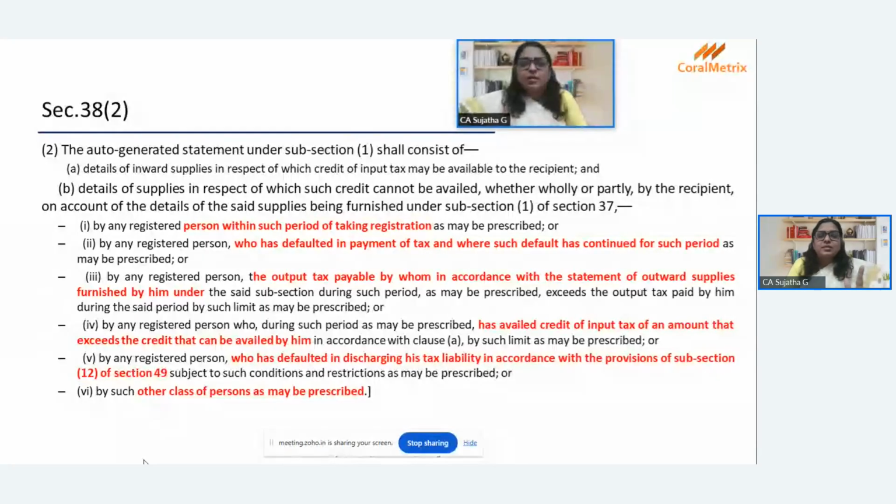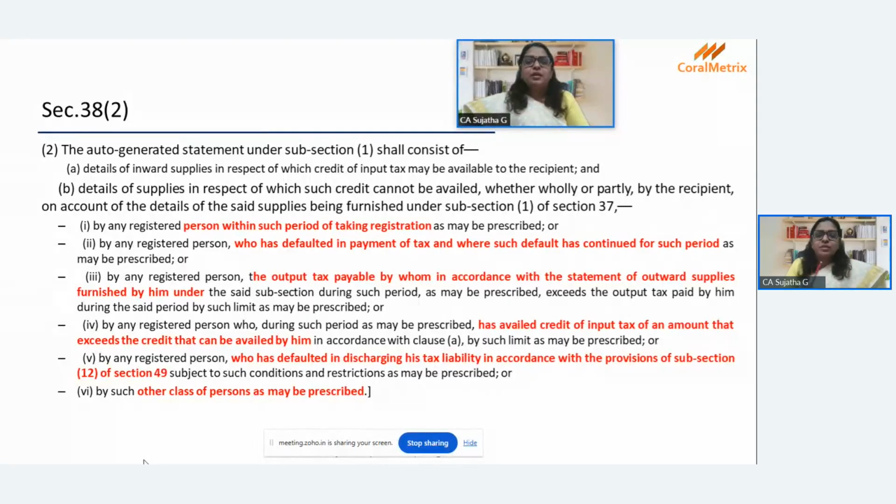One: person within such period of taking registration. Assuming somebody has taken registration 15 days prior to your purchase, right? There is certain input tax, he can always update later, right? So you will not be eligible to avail such input tax credit.